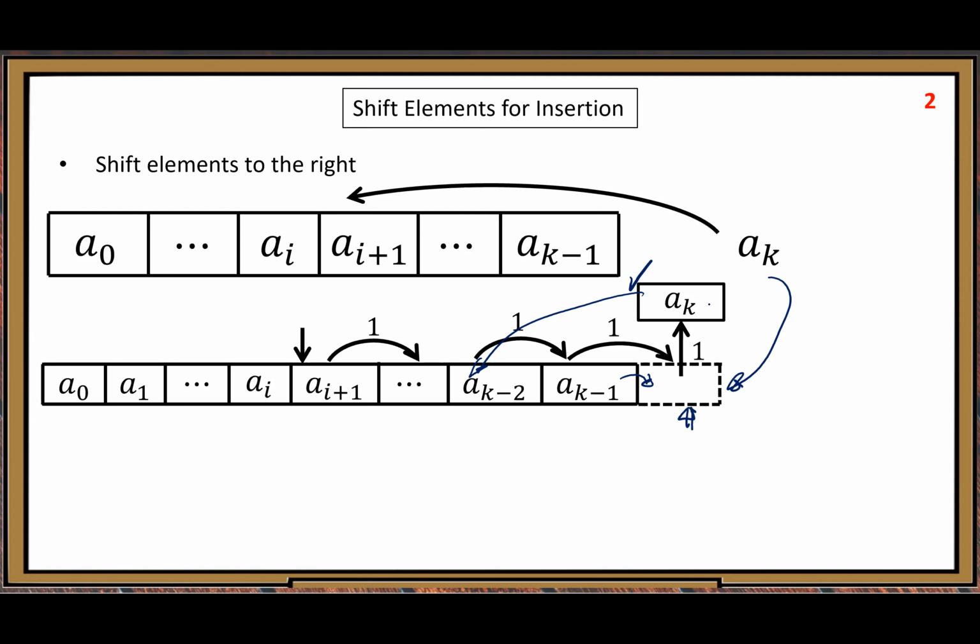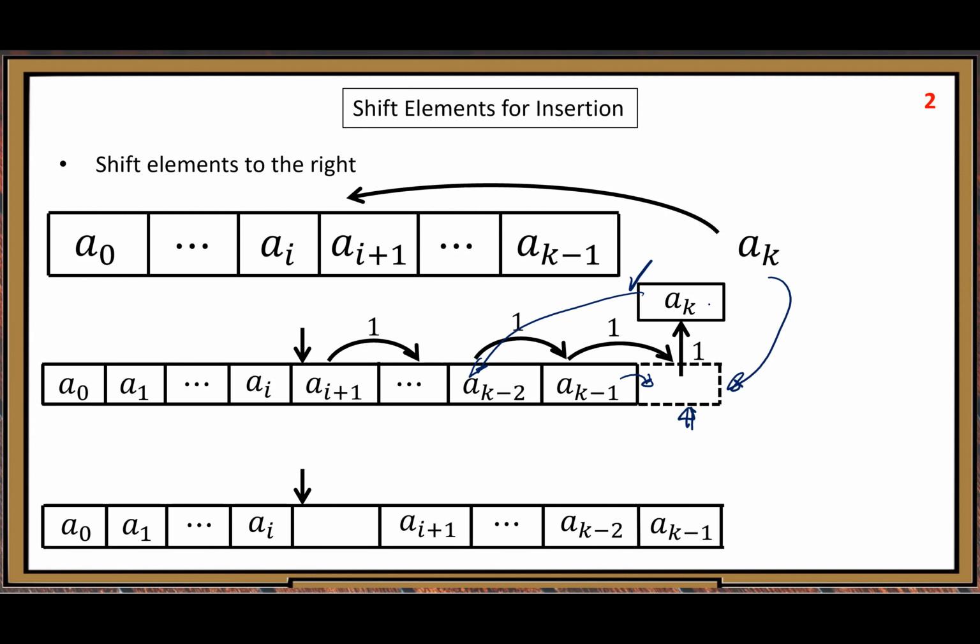Sooner or later, we will find the right position for AK. Suppose this arrow gives us the right position for AK. So we can drop AK to this location. How about that? That's the visual understanding.